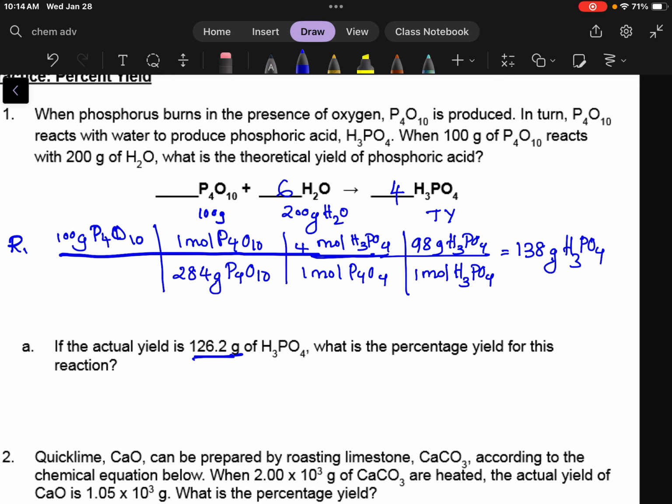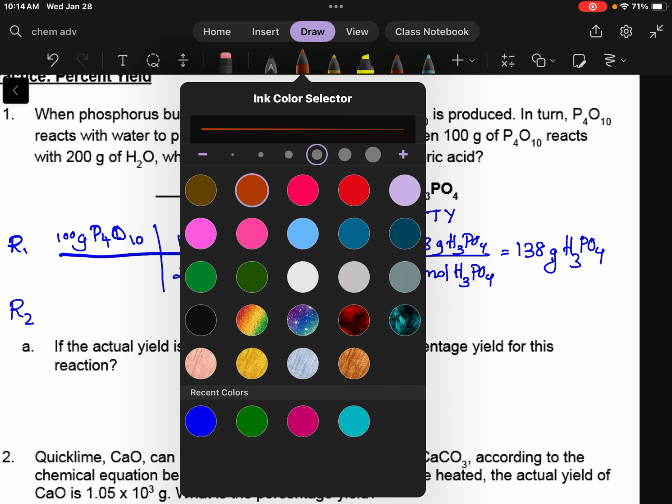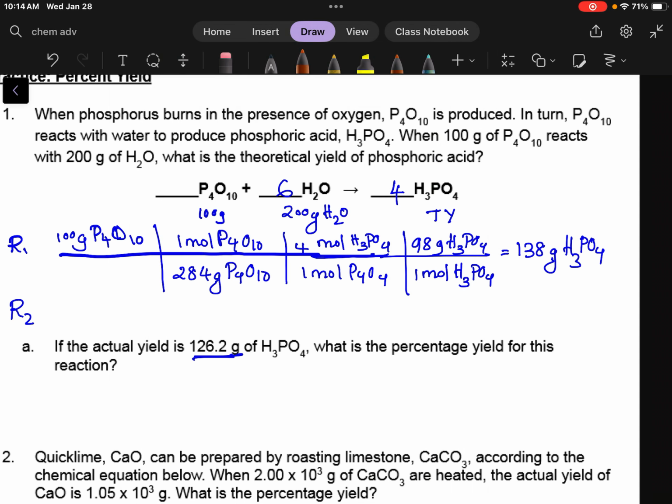Next, reactant 2. I'll use a different color so that you can see that. So 200 grams of water, and we know the molar mass of water, 18.02 grams of water is 1 mole of water. Now write the mole ratio. 6 moles of water in the equation, and it produces the same.